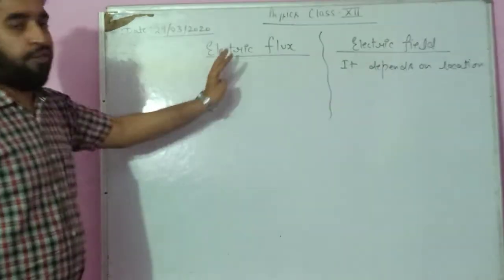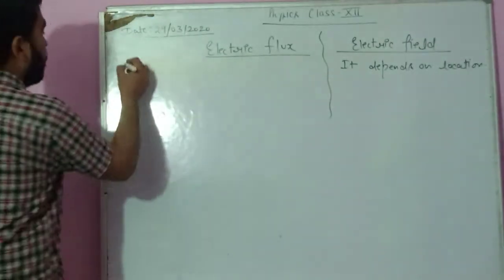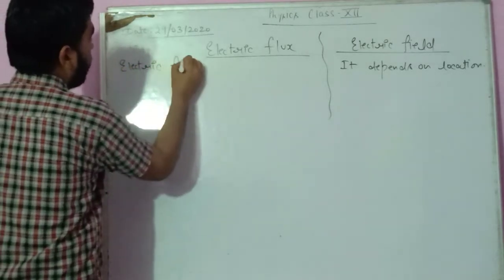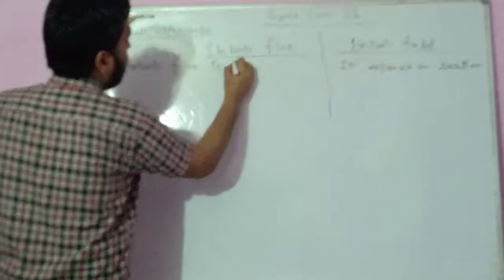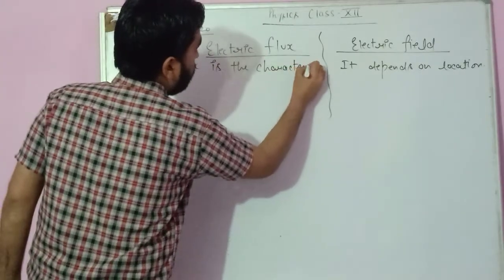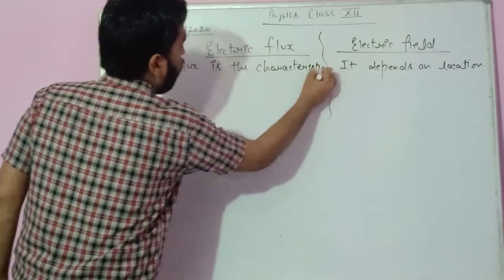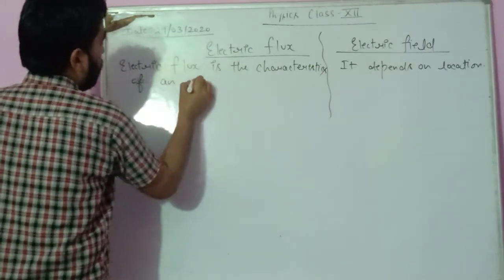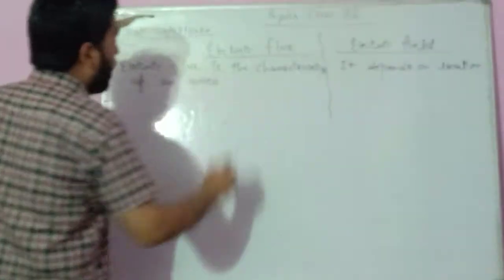Then what is electric flux? Electric flux is the characteristic of an area. We can say it depends on area.